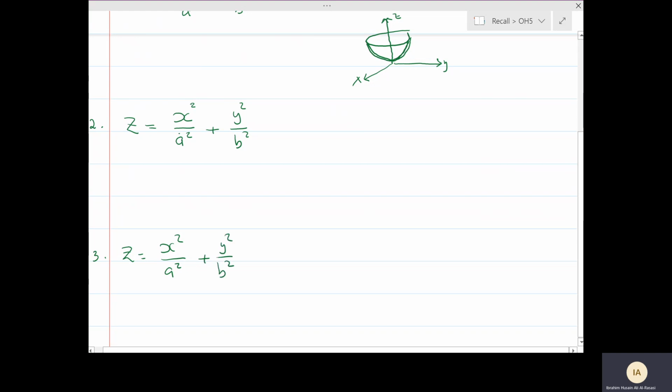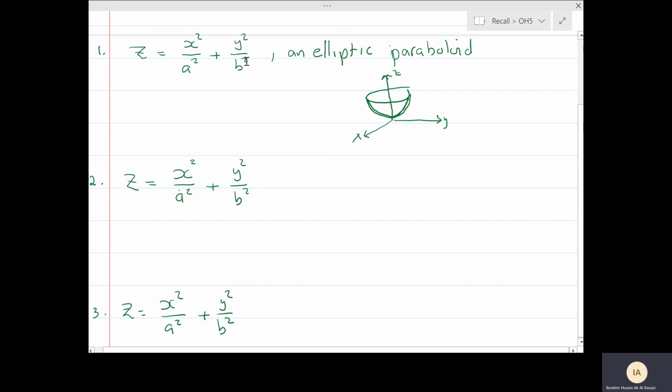Notice the main objective is to help you memorize these. I'm using the same equation in number 2 and number 3. In fact they are not all the same, but there are some variations.